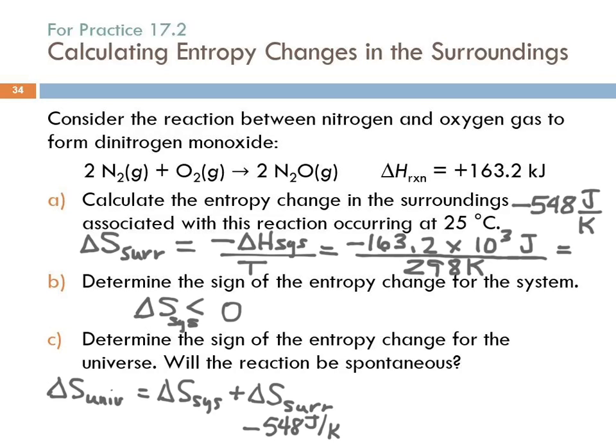We don't know what this one is, but we know that it's negative. So when you add two negative numbers together, you have to get a negative number. So the change in entropy for the universe is negative. Is it spontaneous? No.